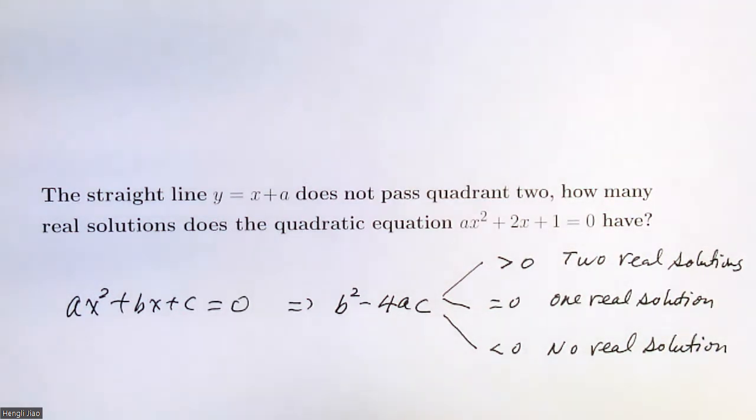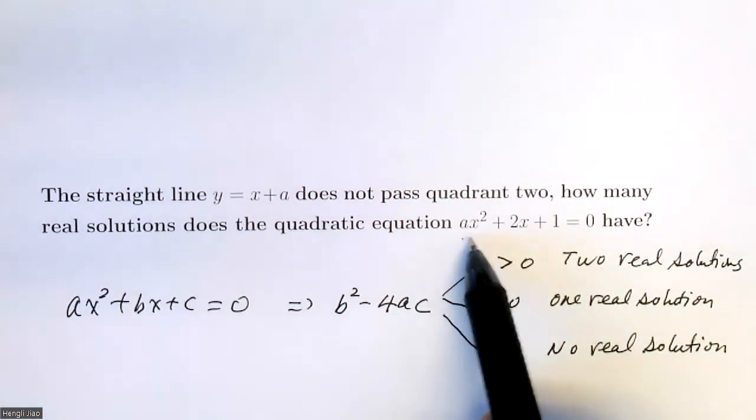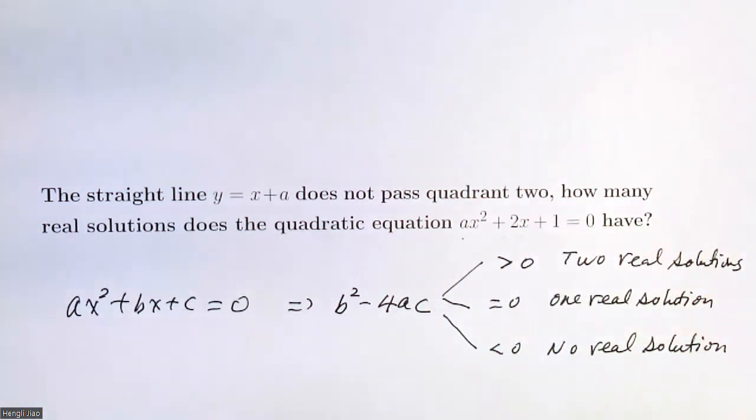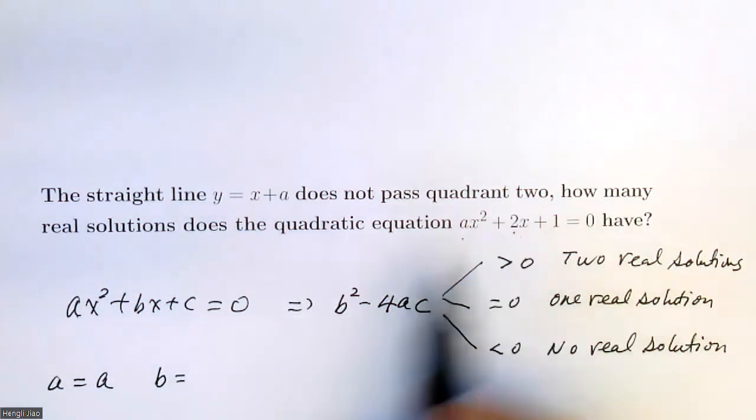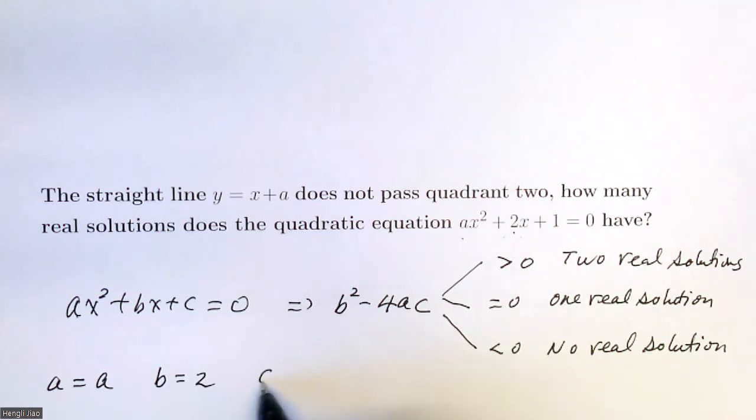So now, in our equation ax squared plus 2x plus 1 equals 0, our a is the same as this a, our b is 2, and c is 1.